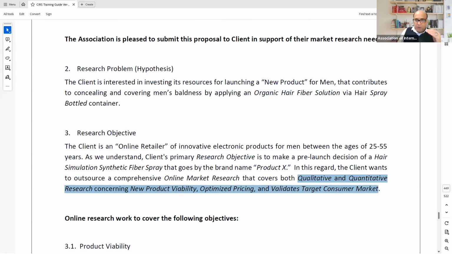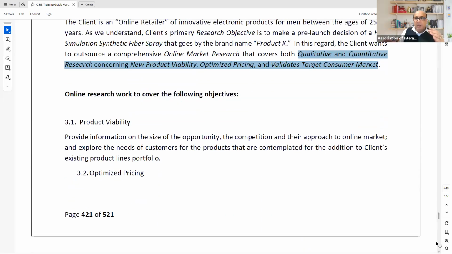And as you keep going down in your proposal, you will start to open up more details of the main subject matter by itemizing it in a manner that leads the client towards the approach to how you're going to manage this assignment.